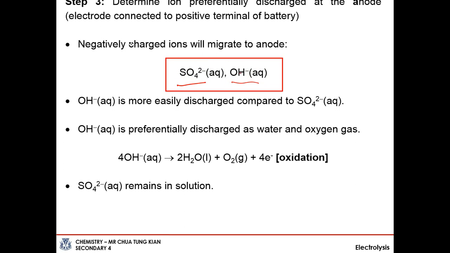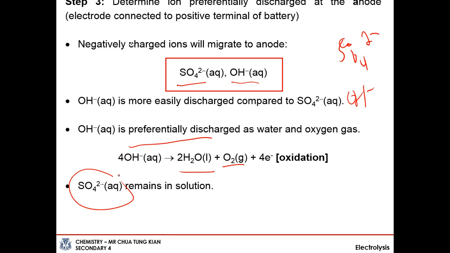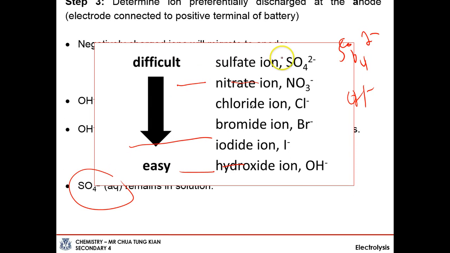Both ions migrate to the anode, and if you recall the series, SO4 2- is way above, OH- is way below. So OH- will be preferentially discharged, and it is discharged as O2 and water. So your sulfate remains in the solution.